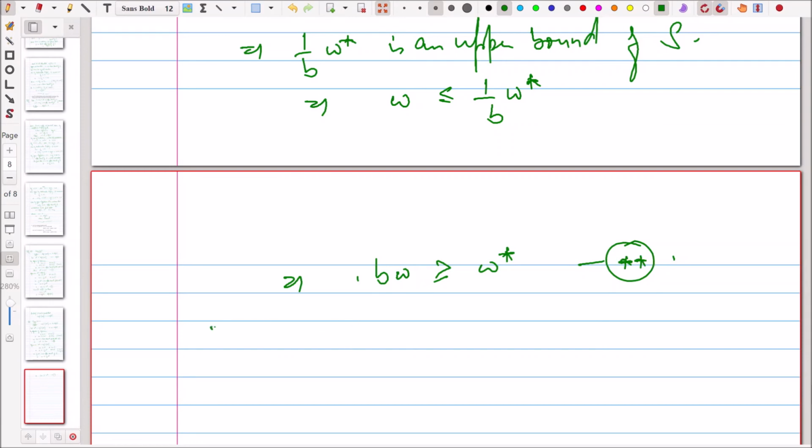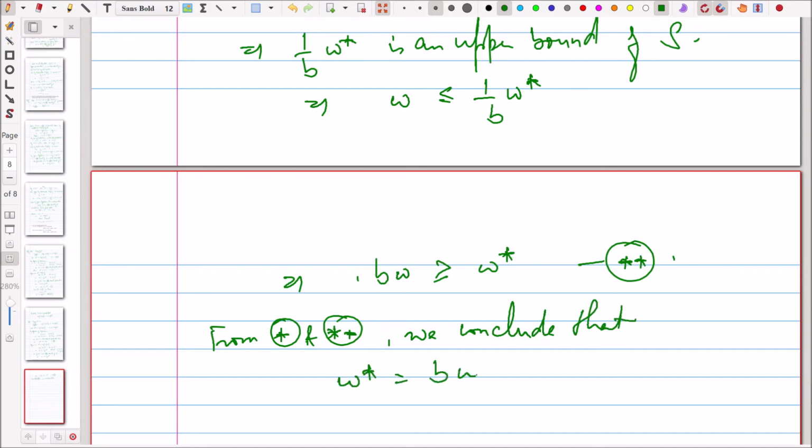So from star and double star, we conclude that W star is equal to BW, that is, infimum of BS is equal to B times supremum of S.